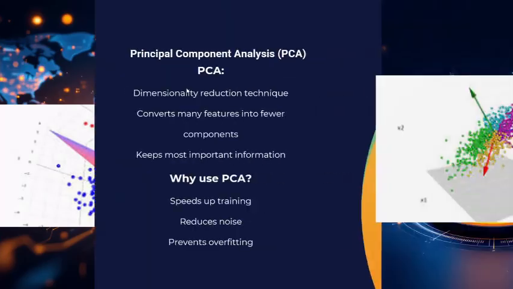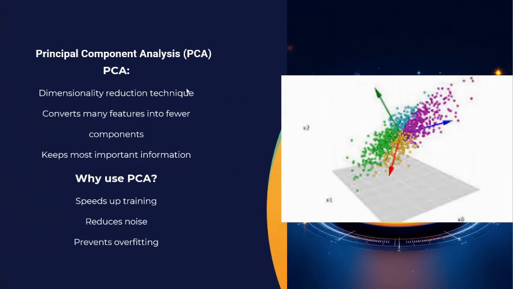Now let's look at what we're calling principal component analysis, that is PCA, what it is and why we need to use it. It is basically used for dimensionality reduction. Let's say you have a data set with very many features.